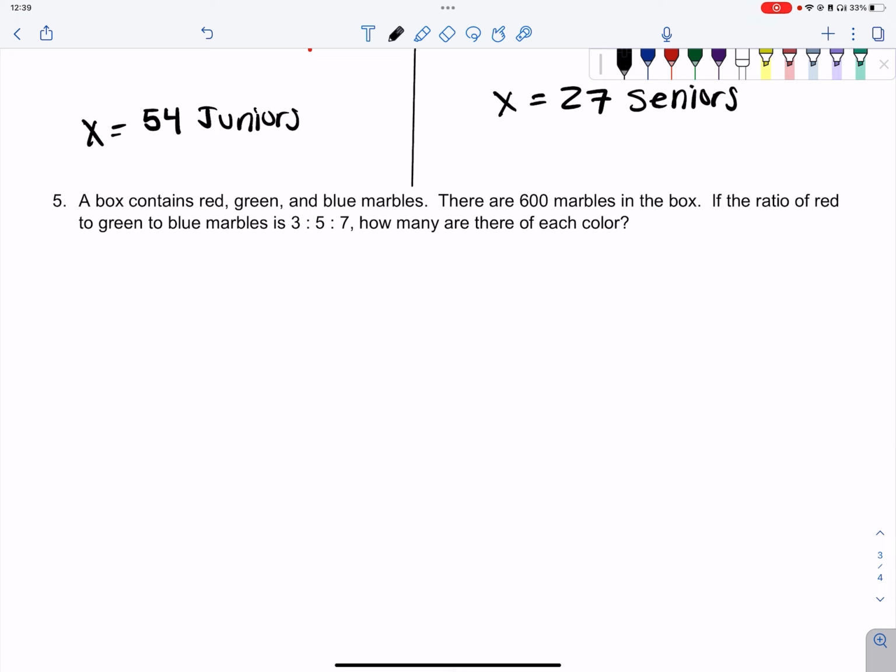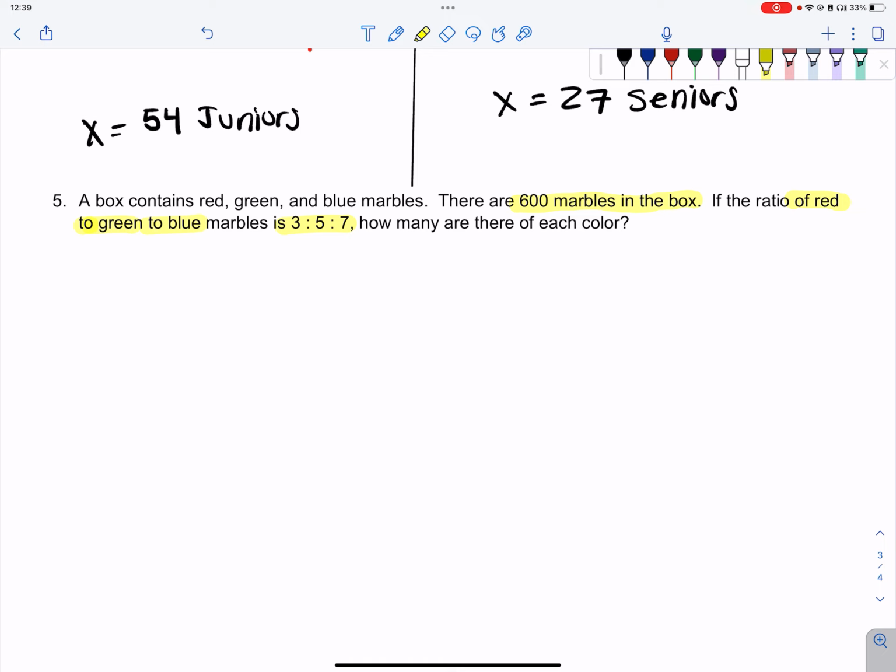Okay, the next question: a box contains red, green, and blue marbles, and there are 600 marbles in this box. Now, if the ratio of red to green to blue marbles is 3 to 5 to 7, how many are there of each color? This one is a little bit different because we have to take a look at what we have been given here.